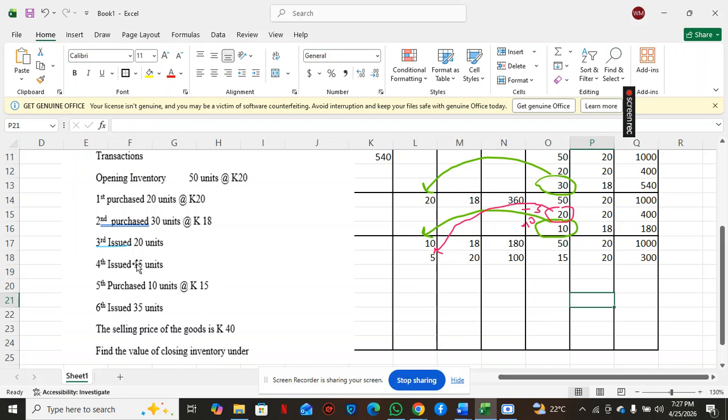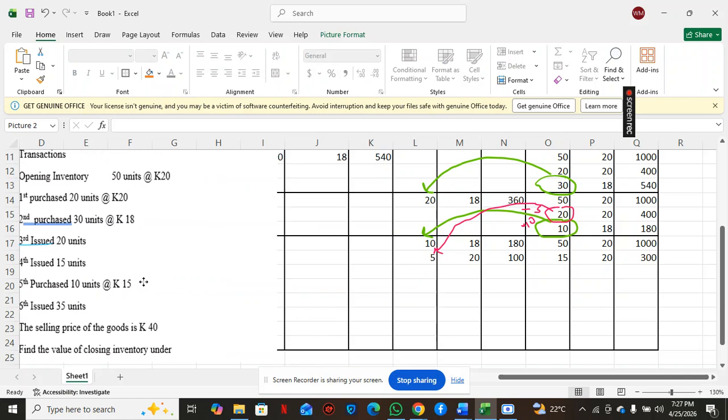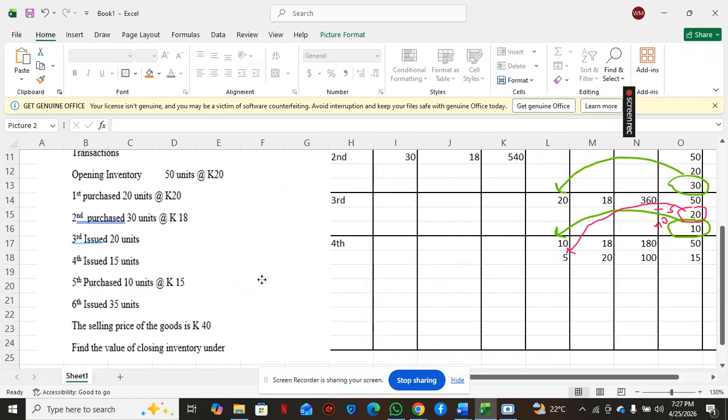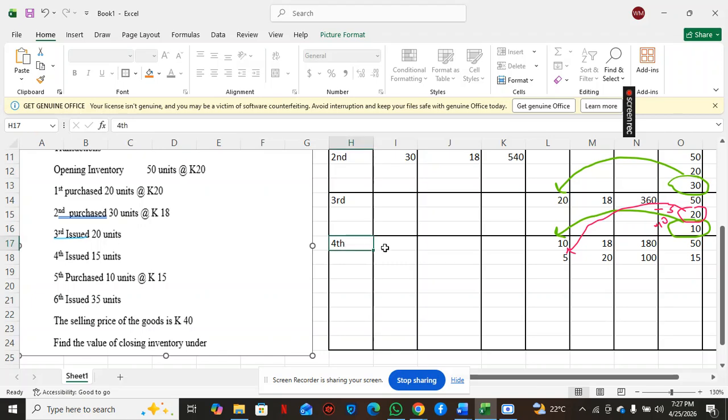On the 5th, purchased 10 spare parts valued at 15 kwacha.